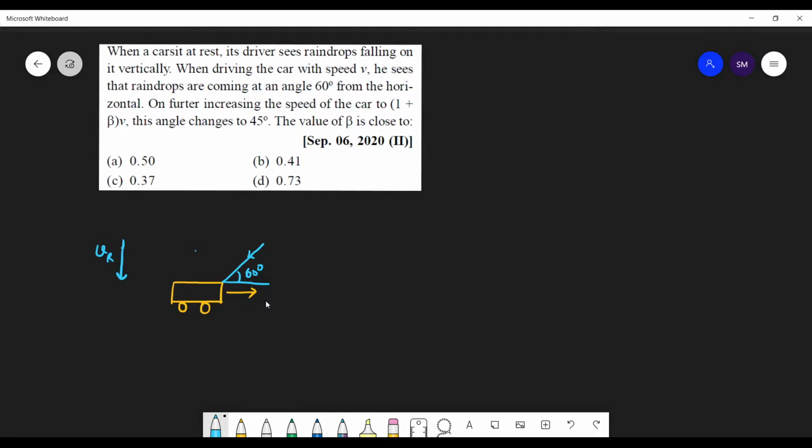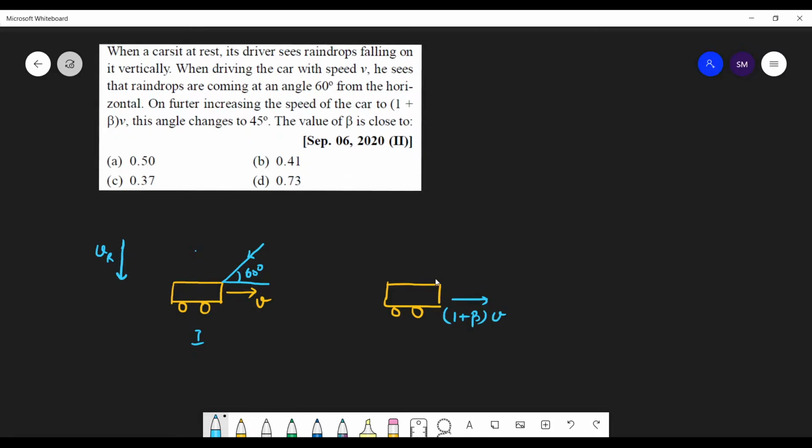So that's case 1, where the velocity is v. Further, he increases the velocity, and now the speed is (1 plus beta) into v.